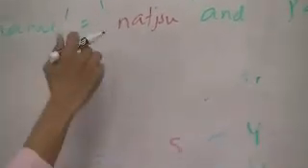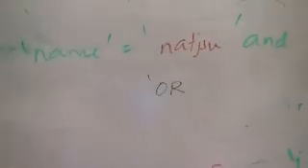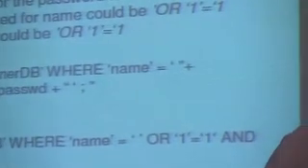Now instead of entering the things in red like that, if I manipulate it like this by saying or 1 equals 1, or 1 equals 1, then what is happening here?